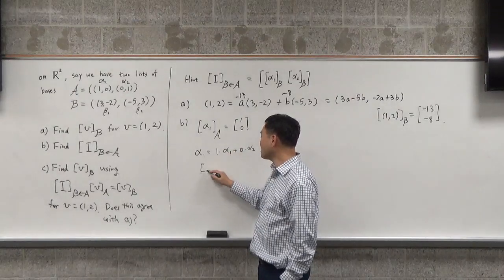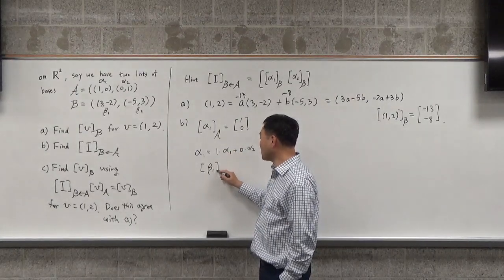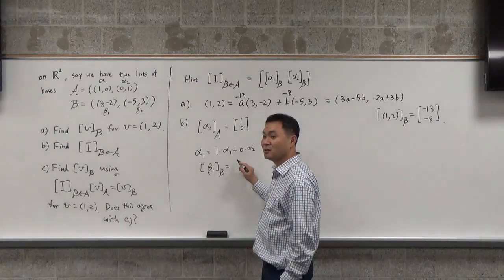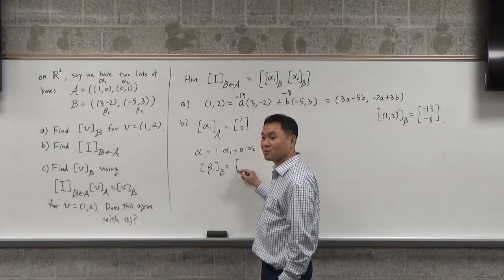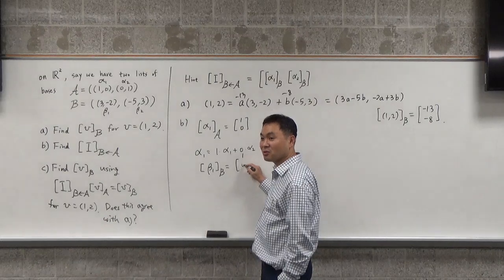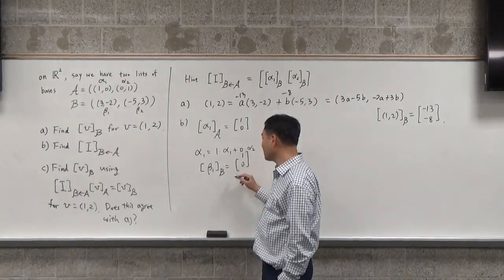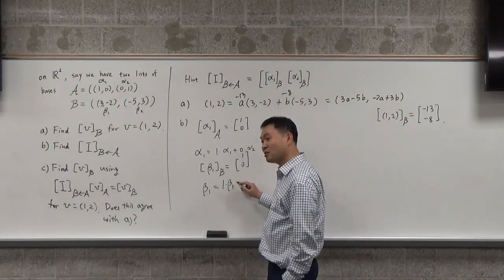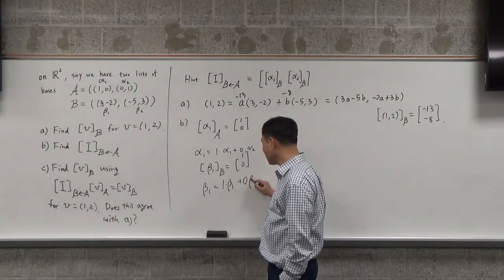Let me ask, what is beta 1 under basis B? It's again (1, 0), because beta 1 is 1 times beta 1 plus 0 times beta 2.